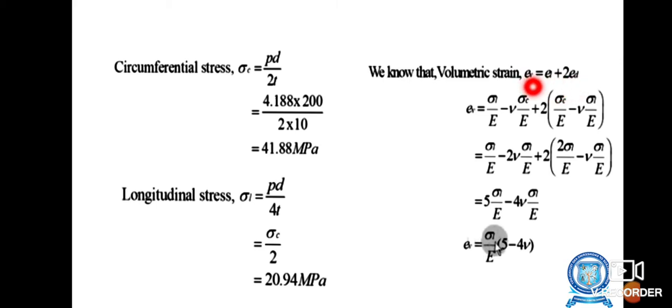The volumetric strain is equal to lateral strain plus 2 into longitudinal strain plus 2 into lateral strain.